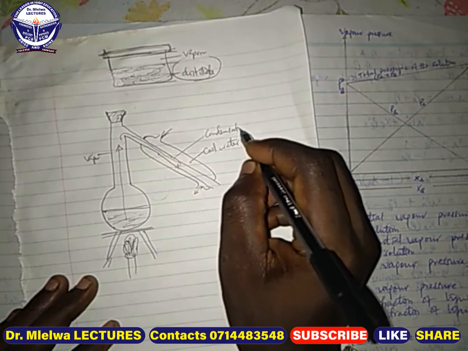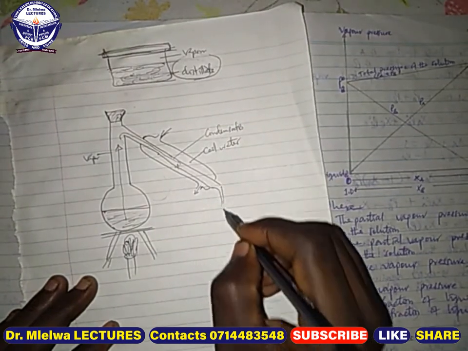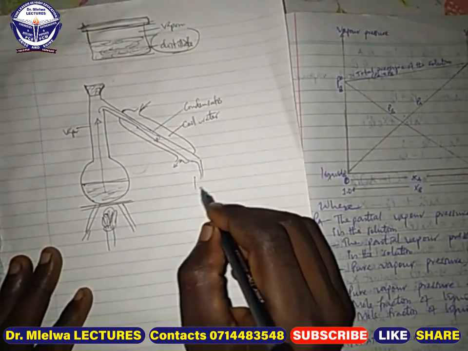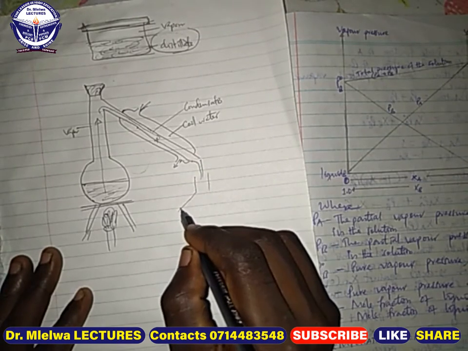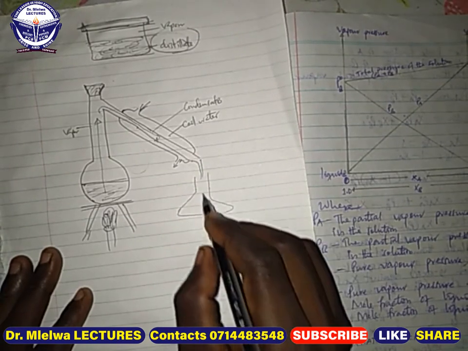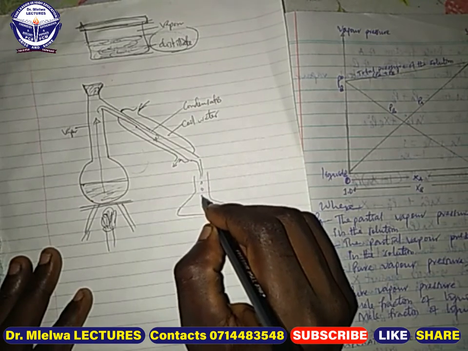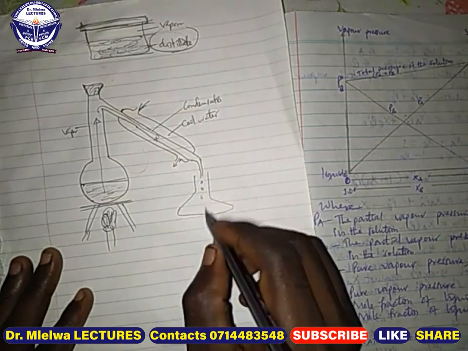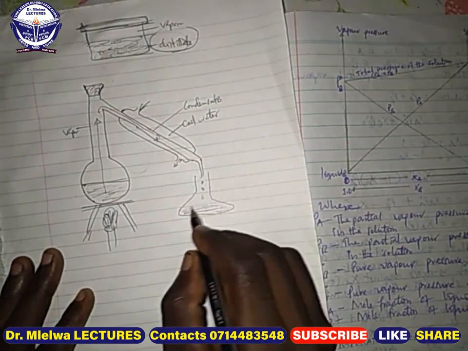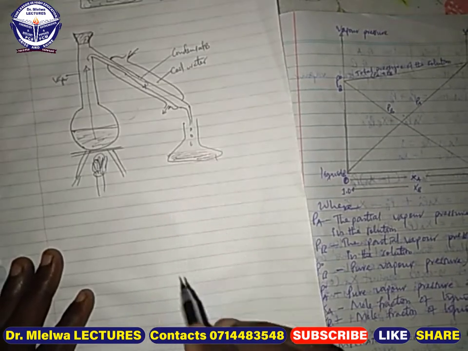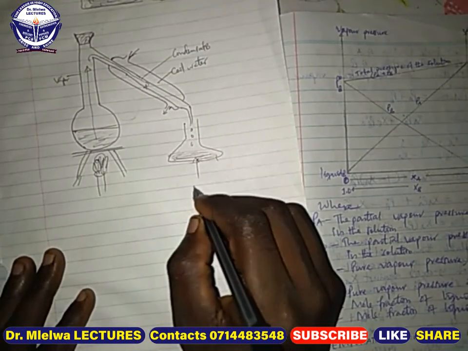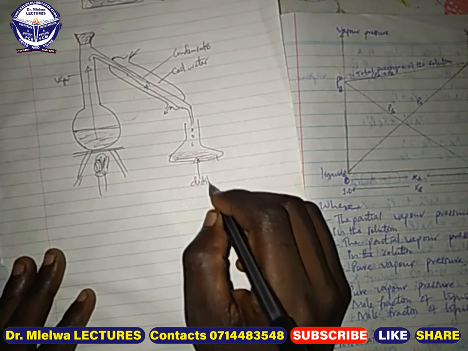Condensation will take place. So if we are putting, let's say, a conical flask here, there will be drops from condensation which tend to accumulate in this conical flask, and this is normally what we call the distillate.